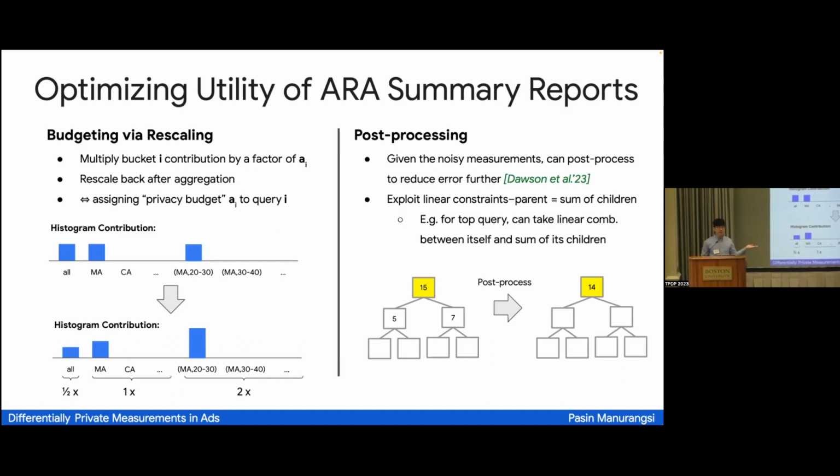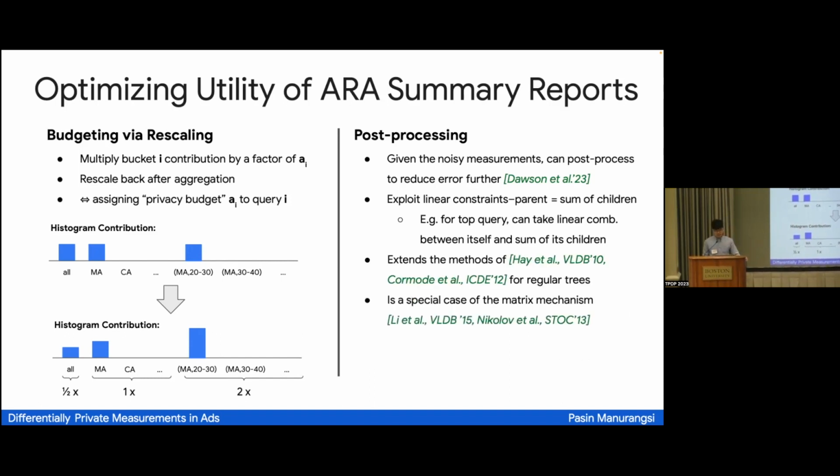This is again very similar to what is done in the DP literature already and also in the census setting. So for example, if your parent is equal to the sum of the children, then you can take a linear combination and reduce the variance. And as some of you might have noticed, this is also a specific instantiation of the matrix mechanism. And so you can also try to implement the more complicated matrix mechanism in this setting as well.